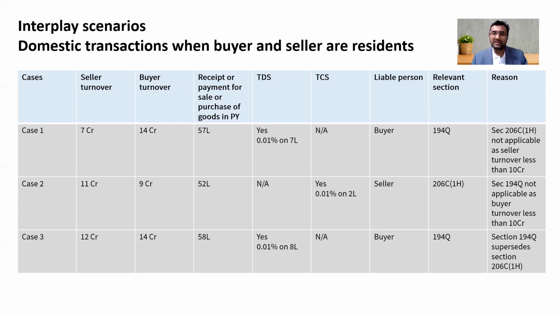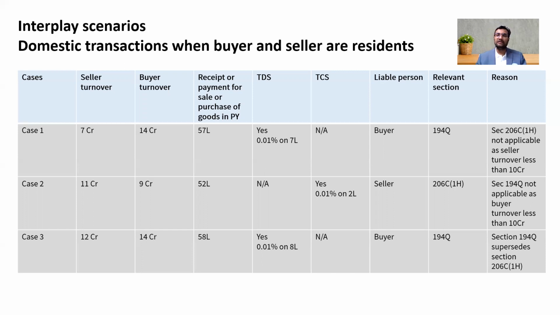Now let's take case 3, wherein the turnovers of both seller and buyer are more than 10 crore rupees, the limit we discussed earlier. Suppose the seller is 12 crore rupees, the buyer is 14 crore rupees, and the receipt or payment is 58 lakh rupees.